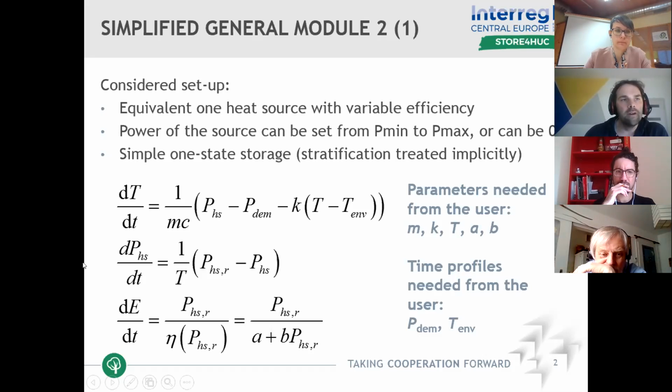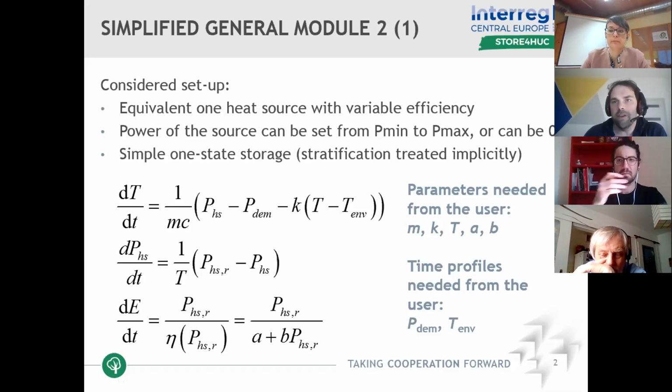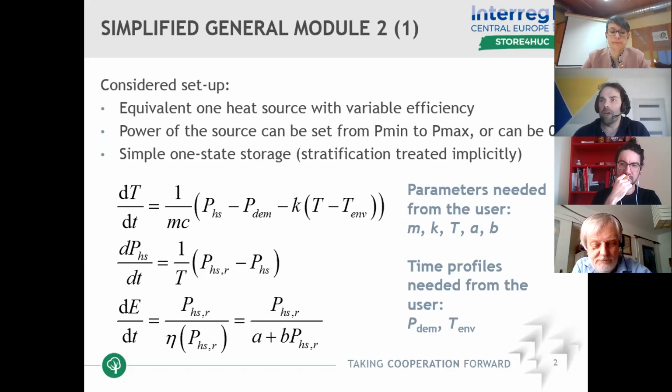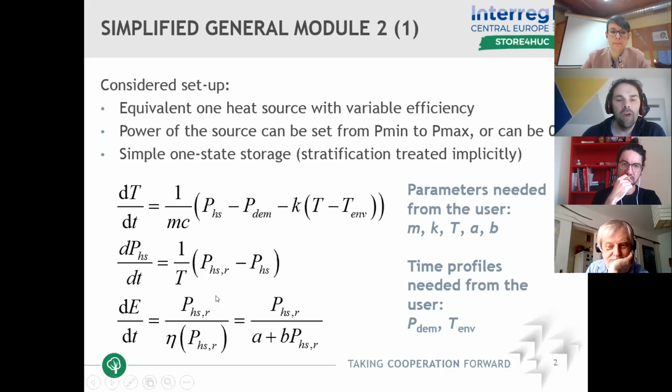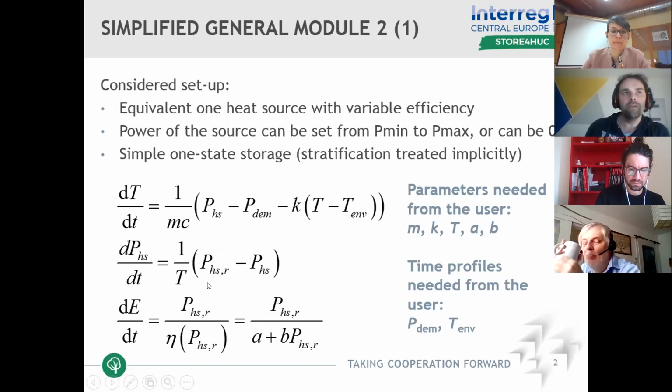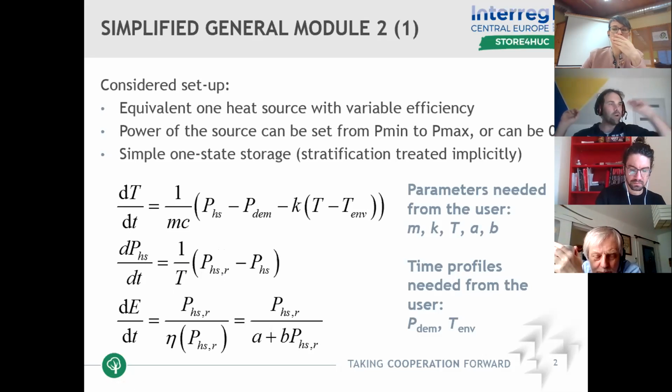Then the next thing is the fact that once you engage the heat source, you don't get it immediately supplying the heat to the storage. It needs some time to warm up. On the other hand, when it switches off, it has some residual heat in it, which can still be used for supplying the storage. And this is what is modeled here with this simple dynamic equation, meaning that this power here, noted with R, stands for reference. So this is something that is actually commanded to our heating system.